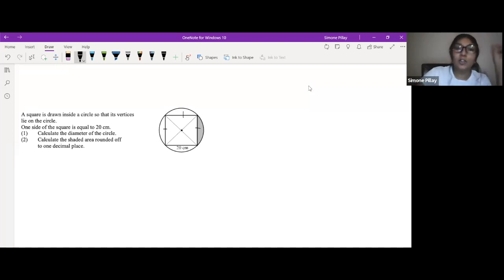Immediately when I have a square, I know that all of my sides are equal. What else do I know about a square? I still know about diagonals. You're getting somewhere. All 90 degrees? Yes, that is so right. All of my angles in a square are 90 degrees.